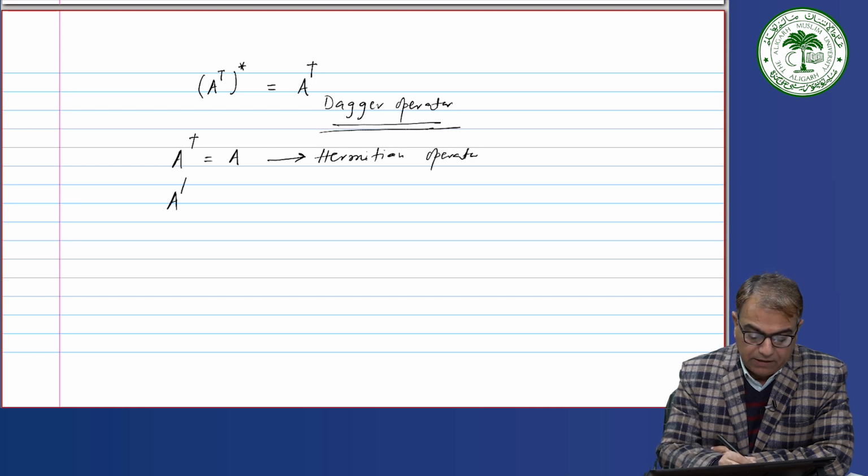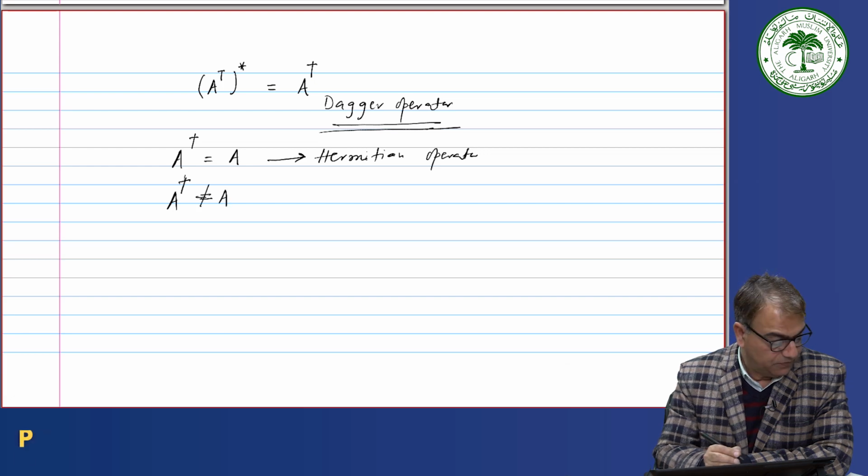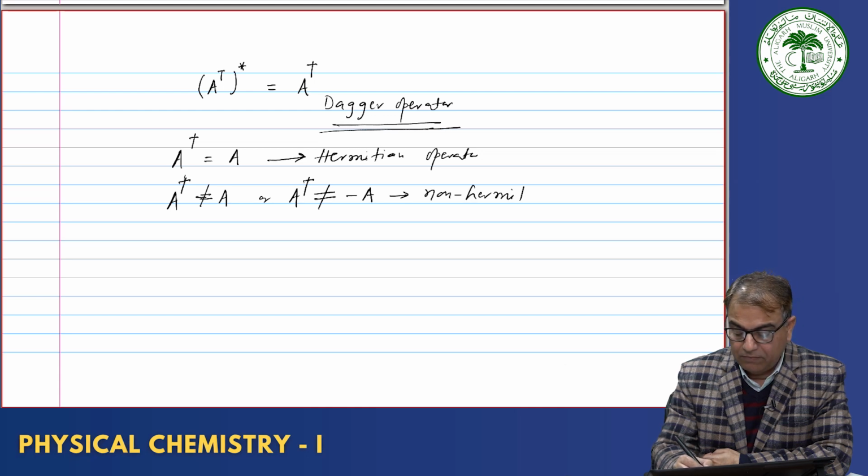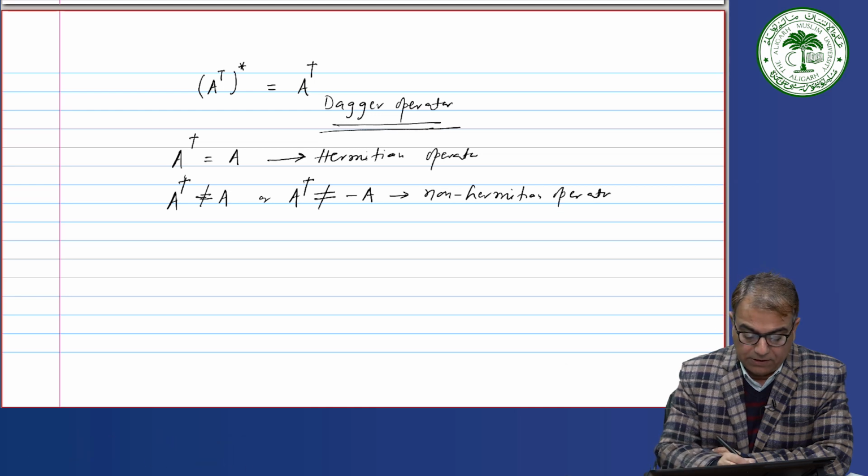If A dagger is not equal to A, or A dagger is not equal to minus A, then it is called a non-Hermitian operator.